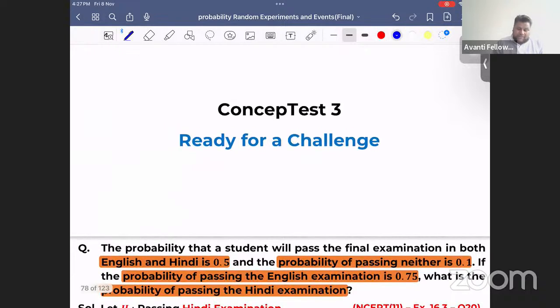The probability that a student will pass the examination in both English and Hindi is 0.5, and the probability of passing neither is 0.1, meaning neither passing in Hindi nor passing in English. If the probability of passing in English examination is 0.75, what is the probability of passing the Hindi examination? Yes, quickly tell me.